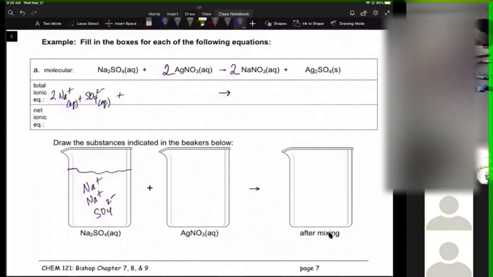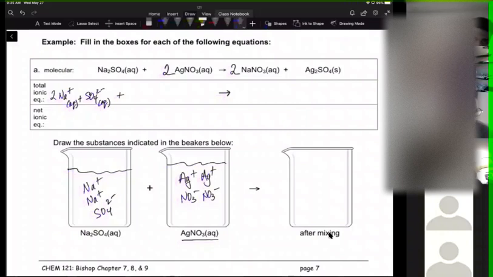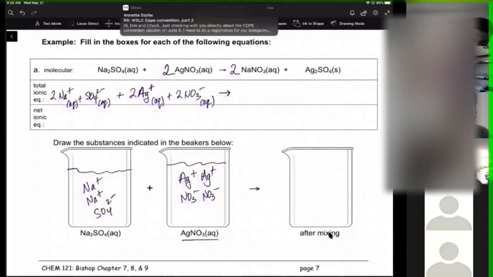All right, then I'll look at silver nitrate. And just to make it clear, I'm going to put 2 of them from the balanced equation. And that is everything on the reactant side. Now we'll do the product side.